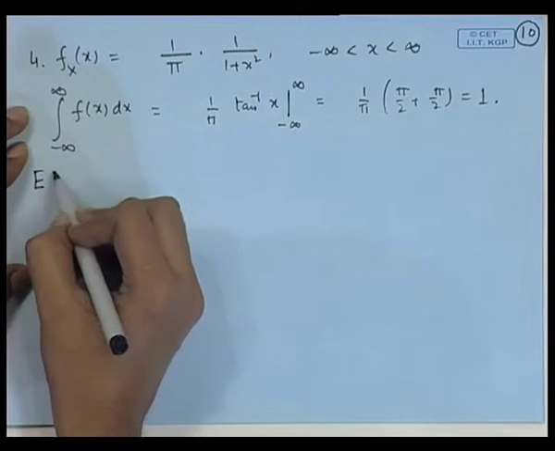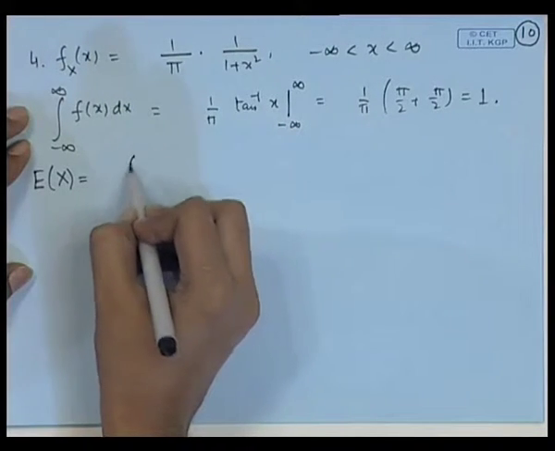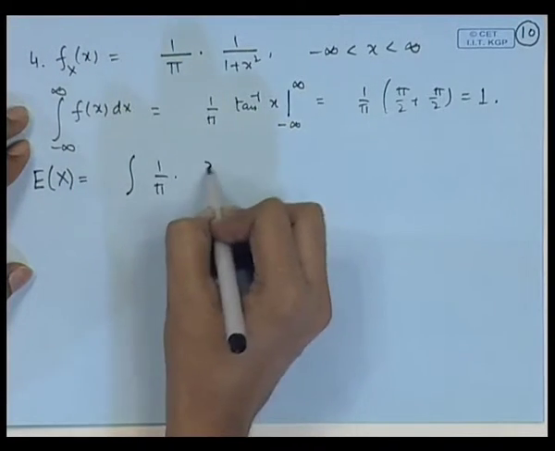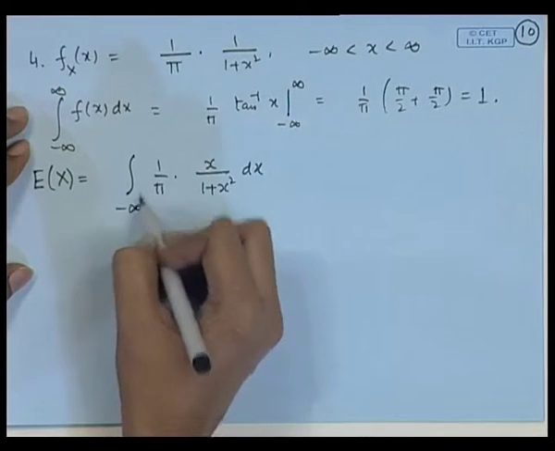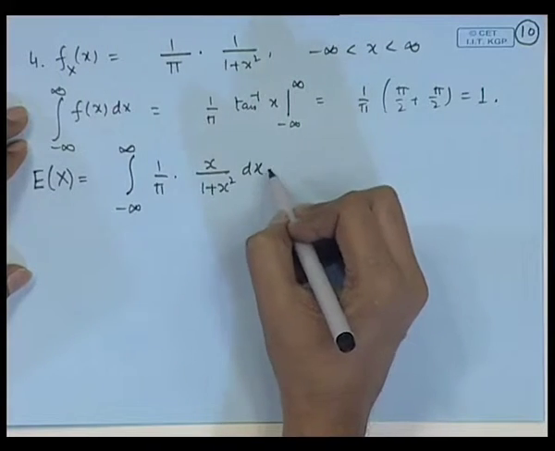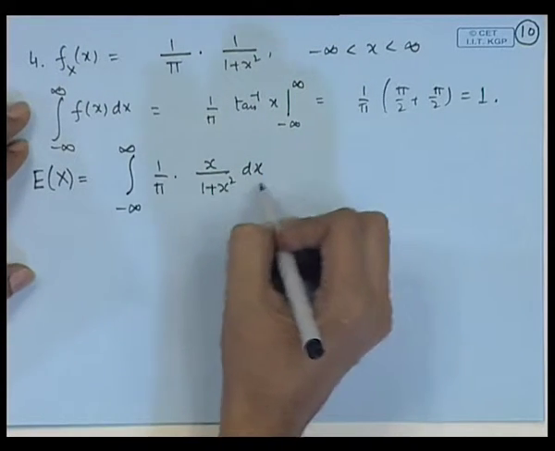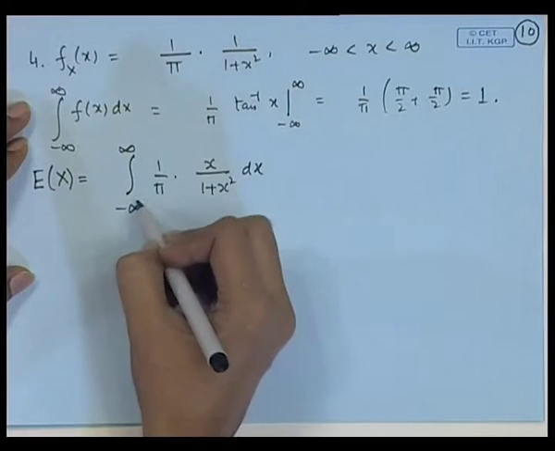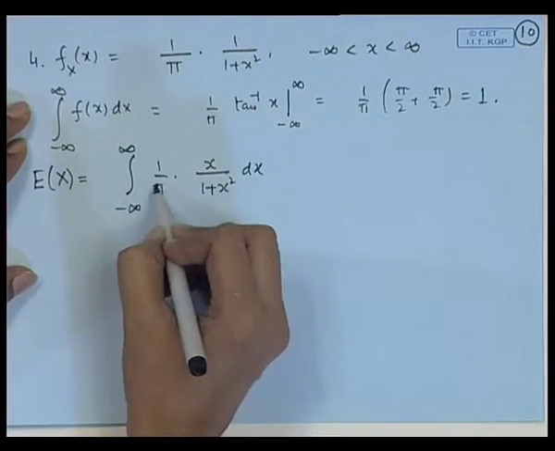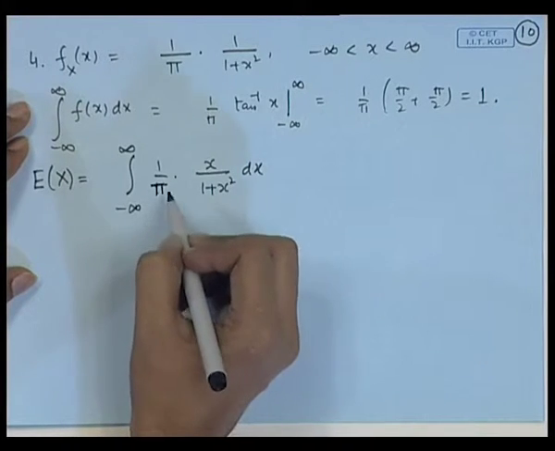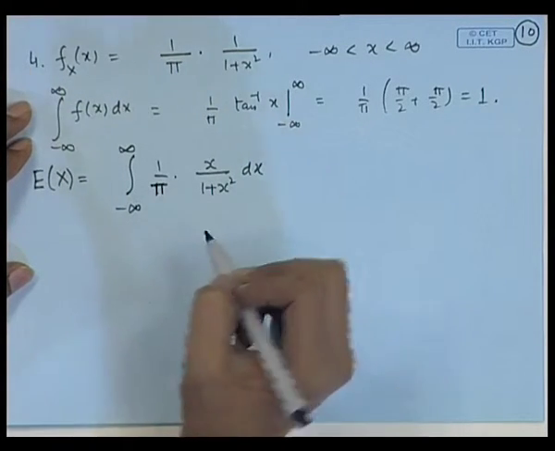However, if I look at expectation of x, a common mistake here is that one can think that it is an odd function and it is over a symmetric region. So, it should be 0. However, the property of the even function or odd function is applicable when the integral is convergent.